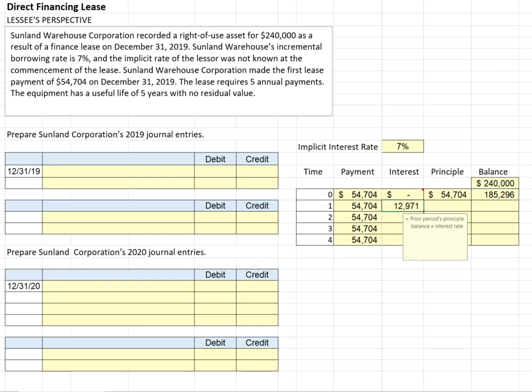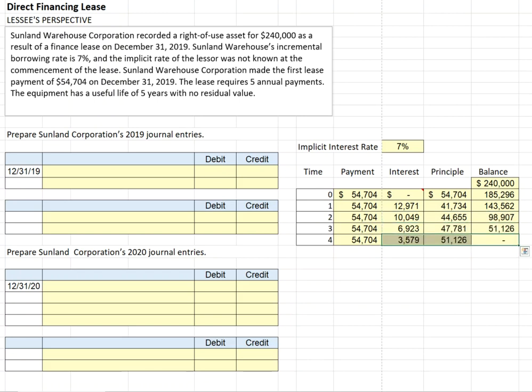Interest at the end of the first year will be $12,971. That's the 7% interest rate multiplied by $185,296. The difference between our payment and our interest goes to principal and reduces the loan balance. And we would continue on through our amortization table.